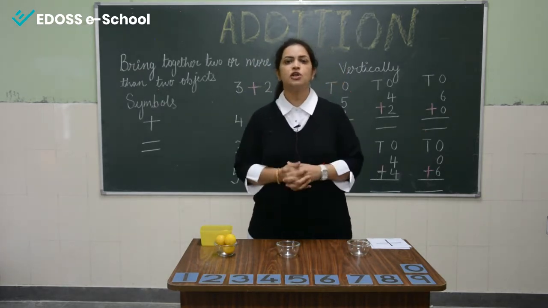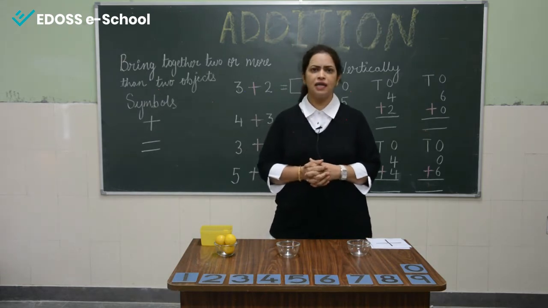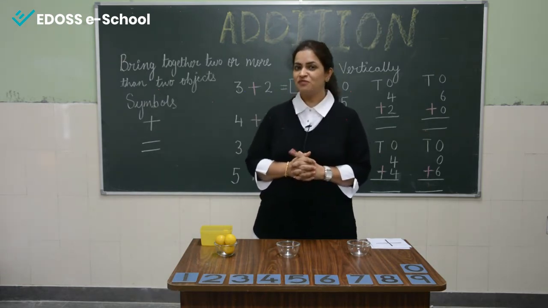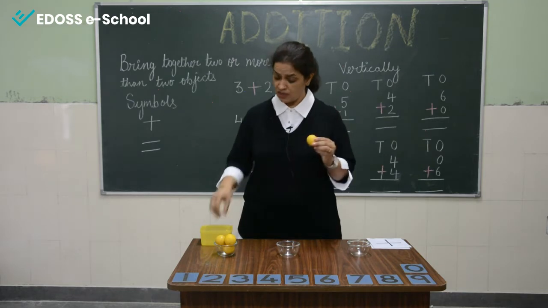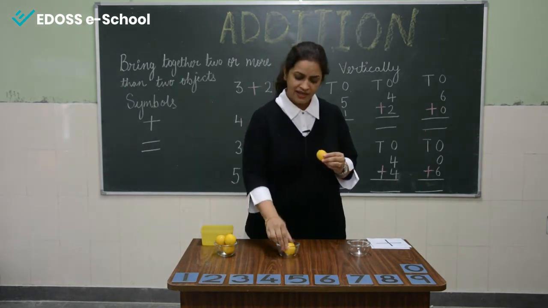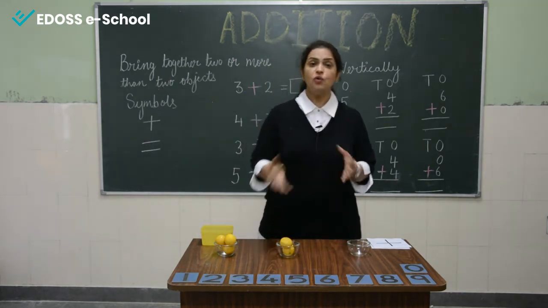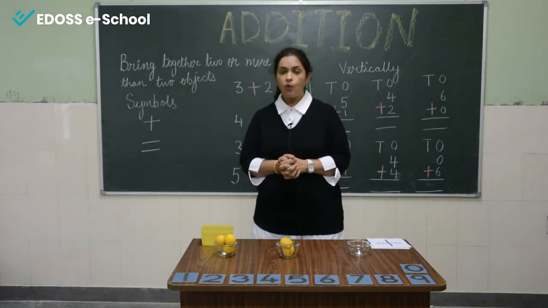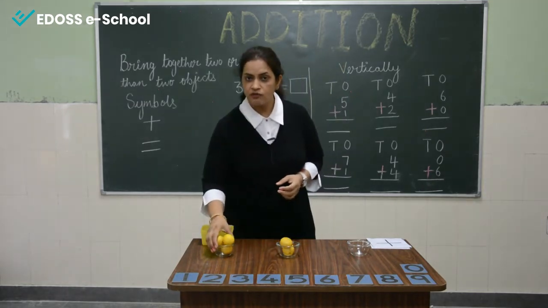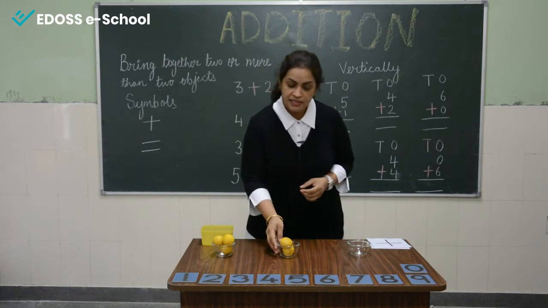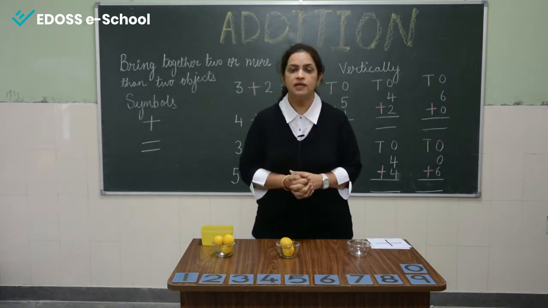When I reached home, to my surprise, my neighbor also gave me a few lemons, 1 and 2 lemons. Now these are the lemons I got from the vegetable market, and these are the lemons which my neighbor gave me.